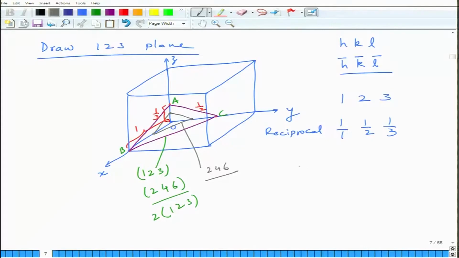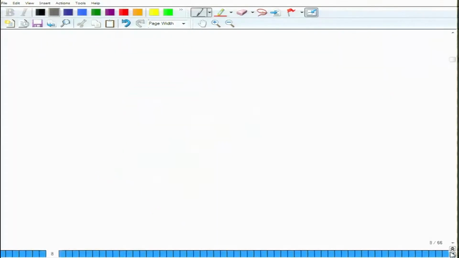Now, let us say I want to draw a plane which has negative indices. So, I draw a unit cell.